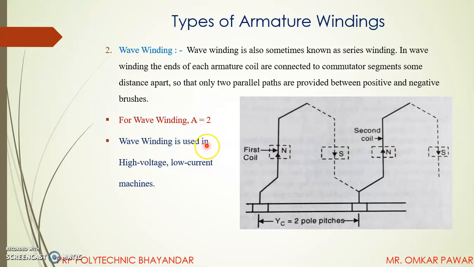Wave winding is used in high voltage and low current machines, and it is named wave because it looks like a wave. You should always remember that the number of parallel paths is equal to 2, and it is used for high voltage and low current because in series the voltage is high.